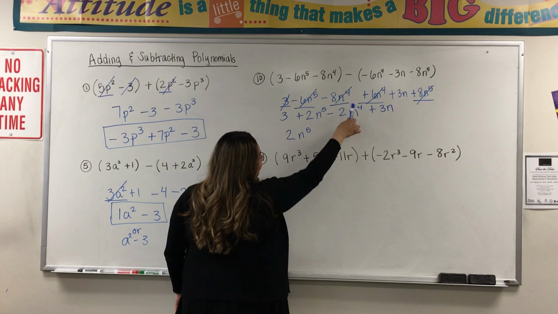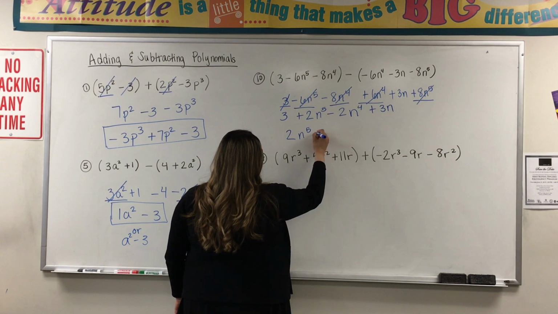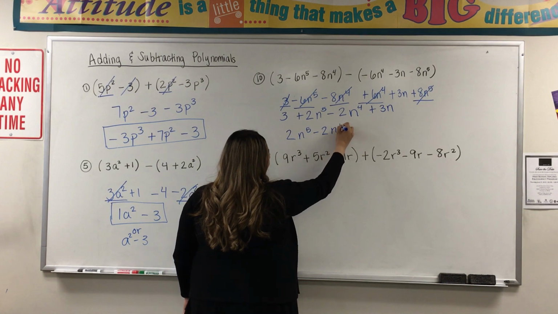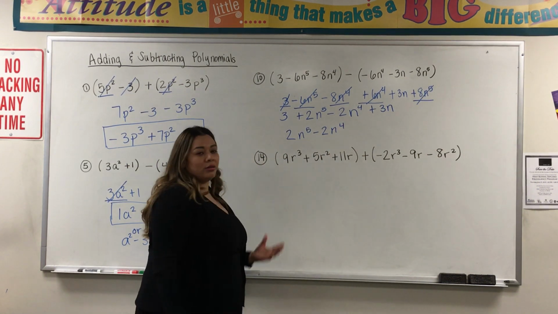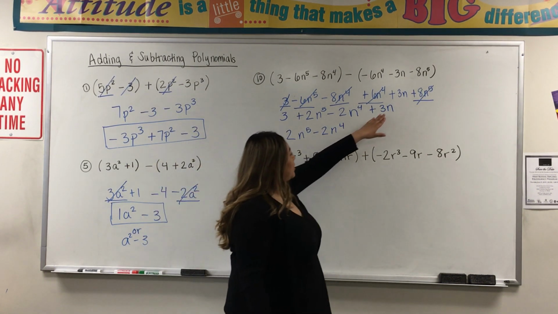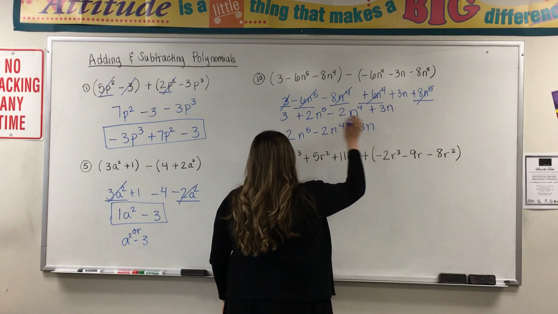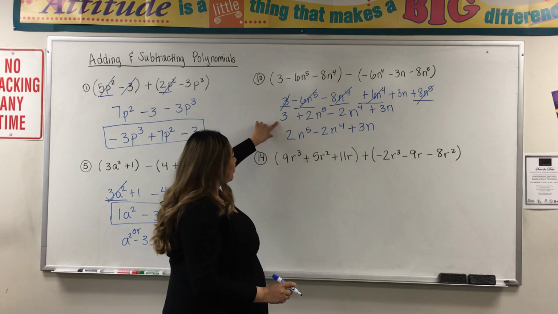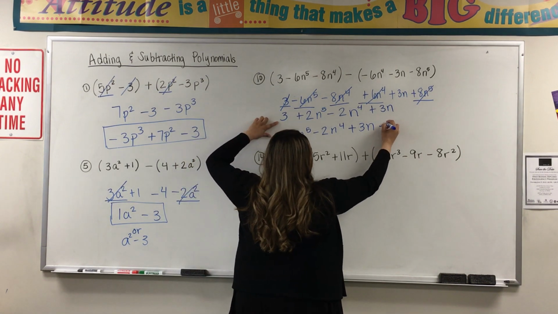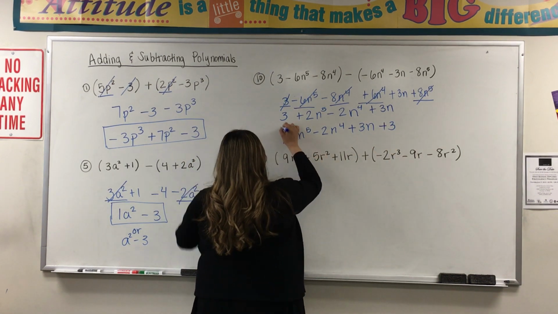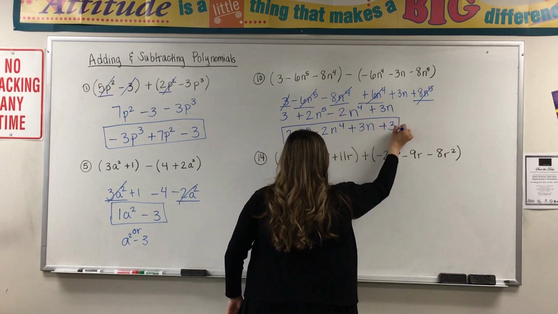After the 5, we go to the 4. We do have a 4 right here, so bring it down. Minus 2n^4. We don't have n squared, so we go to the one with just the n, so it'll be this one. Plus 3n, and lastly, the number by itself, it's a positive 3, so I'm gonna put plus 3. So this right here is our final answer.